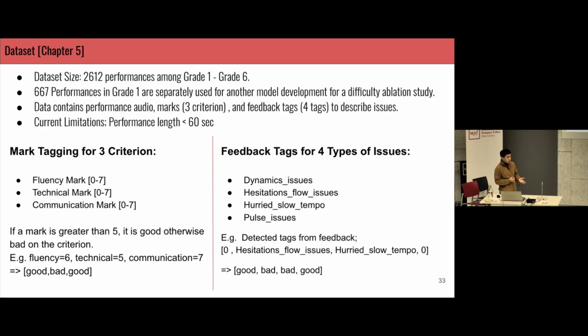And communication is about stylistic control, interpretation, and expressive realization and delivery. That means expressiveness-related marking. These are marked from 0 to 7, but here I binarized them into 2 groups. If the mark is higher than 5, it's considered a good tag. If it's lower than 5, it's considered bad.